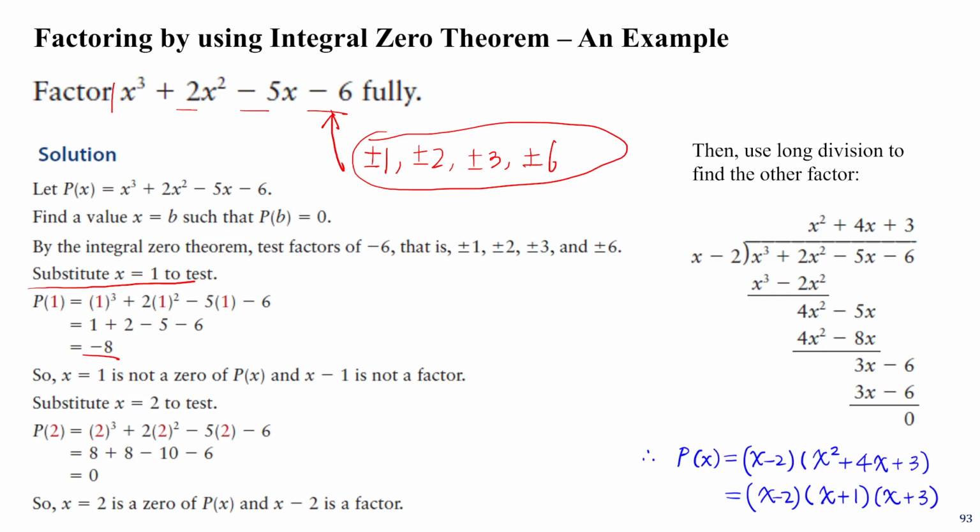So next number you could test x equals 2, right? When x equals 2, p2 equals 0. So bingo, we have found a 0 of that expression, which is x equals 2, right? Then you can again use a long division to find the remaining factor, which is x squared plus 4x plus 3, right? So the original polynomial expression can be factorized to x minus 2 times x plus 1 times x plus 3, right?